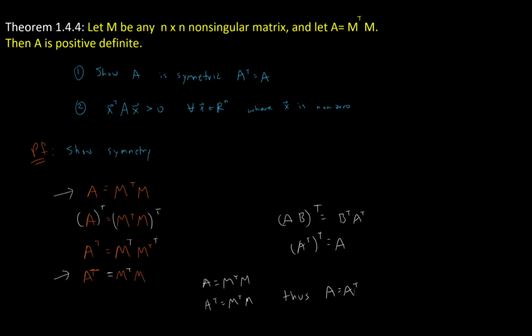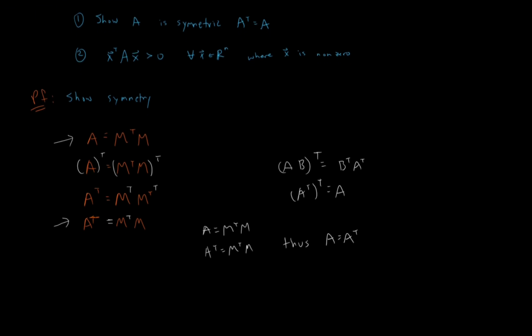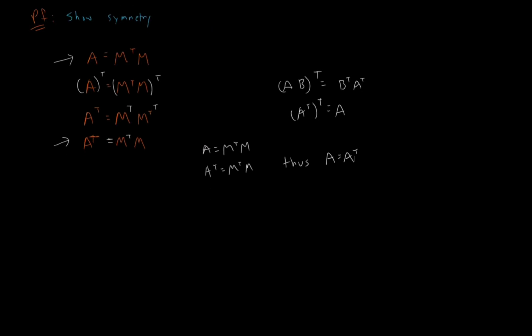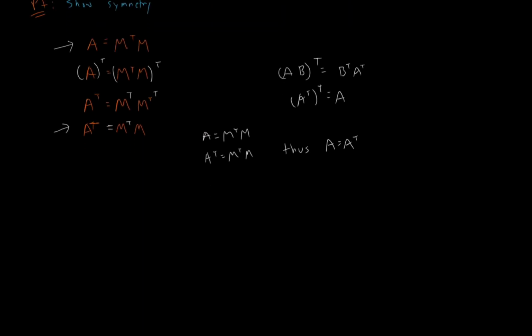We're going to show that this property holds for all non-zero column vectors X. Hopefully you can still remember what we're trying to prove. So now, show X transpose A X is greater than 0.